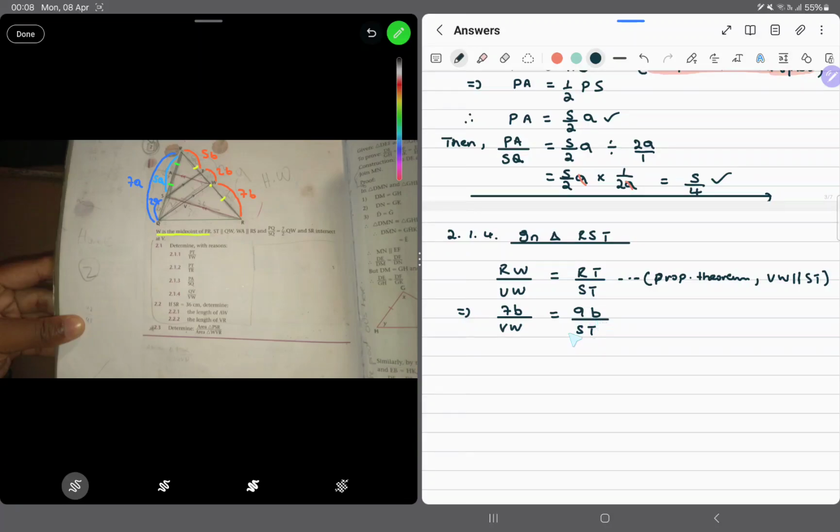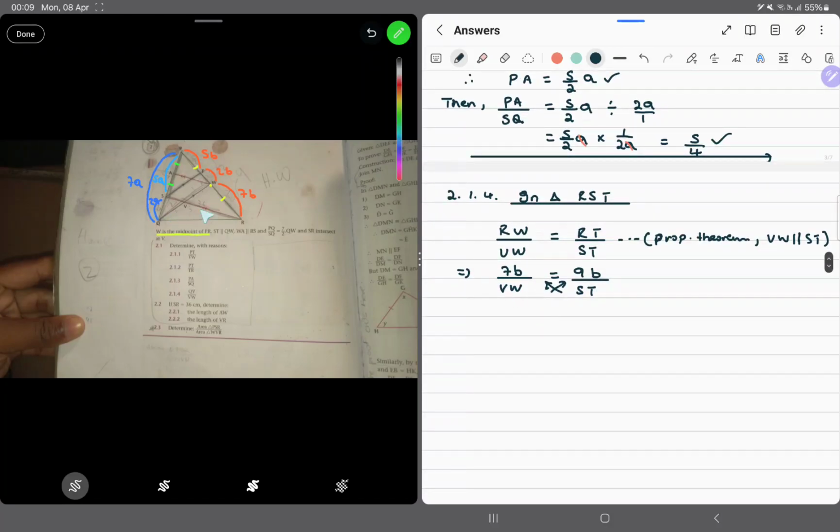Well, we know that we want ST because we saw that it is common. So let's try to isolate ST here, because we can see this one is going to be common also on the other side. So this implies that ST times 7B is equal to 9B times VW.